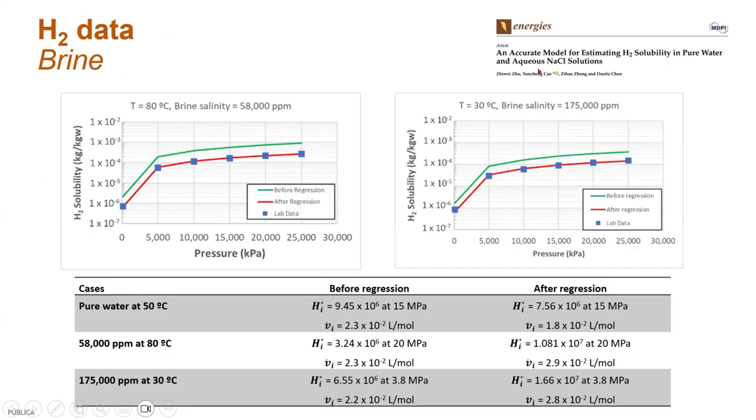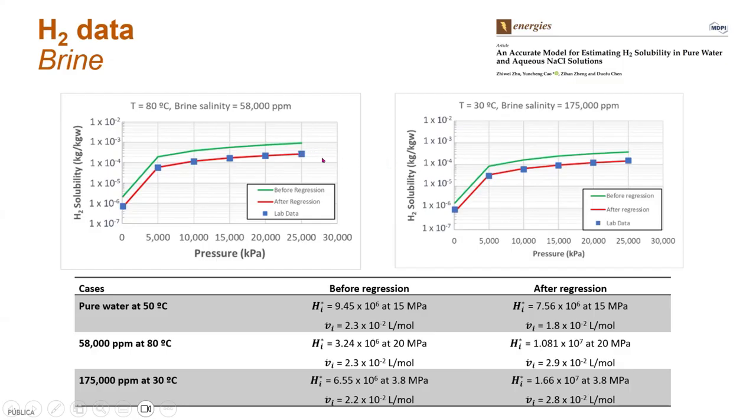I got new data for brine for 2 levels of salinity. This is a low salinity brine, 60,000 ppm. This is a very high salinity brine, almost 200,000 ppm. The temperatures are different because the data were obtained from different authors. I compare again the prediction before and after the regression.